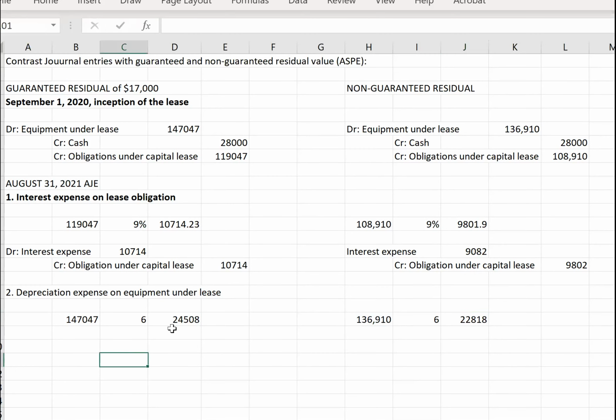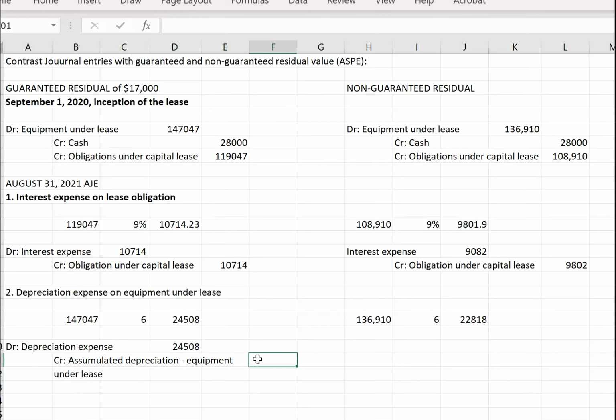So this is our annual depreciation, and we're going to record debit depreciation expense, credit accumulated depreciation, equipment under lease. Okay, so here we're going to have this amount and this amount here. That's our credit.